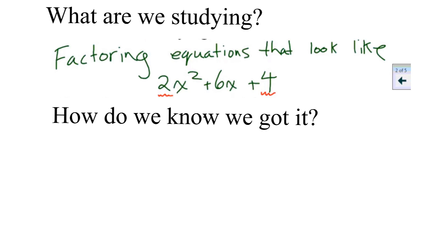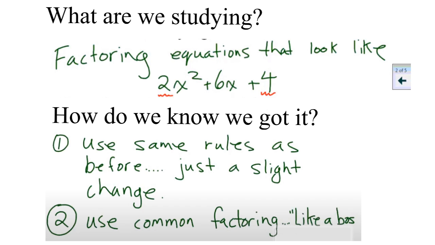You're going to be using exactly the same rules as before, with just a slight change, and you'll be using common factoring like a boss by the end of this. It might take us 2 or 3 days, but you guys are going to get it because you've matured, you're ready to work, and you've got a goal.